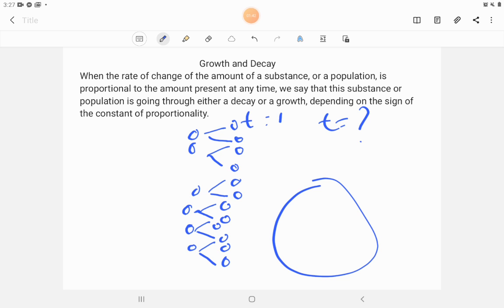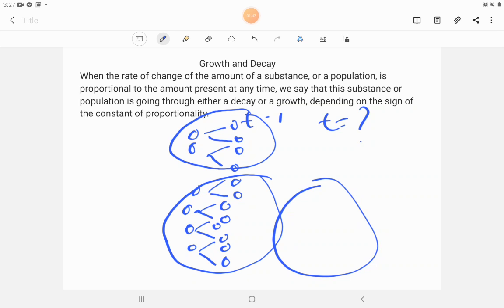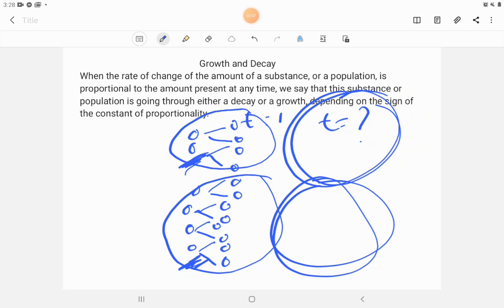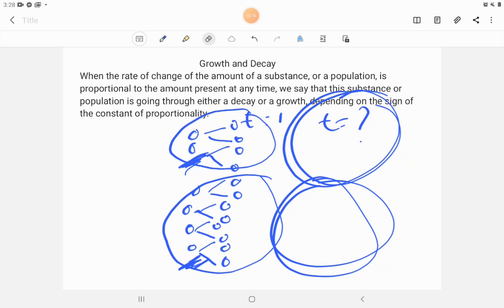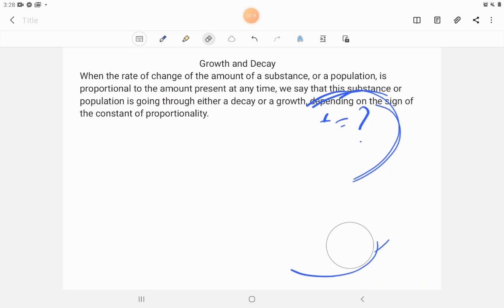All right, so here you have 2 to start with, and here you have 4, and we know that the rate of growth of this substance is directly proportional to the amount of the substance present at any given time, in which case the amount of substance here is 2, whereas the amount of substance here is 4. And so it grows exponentially depending on the amount of substance it begins with, right? So that is the law of growth and decay.